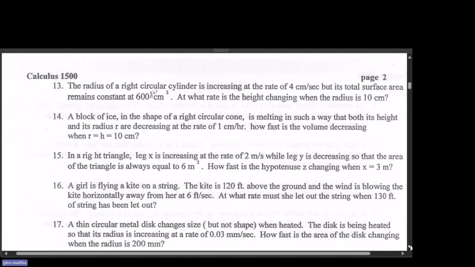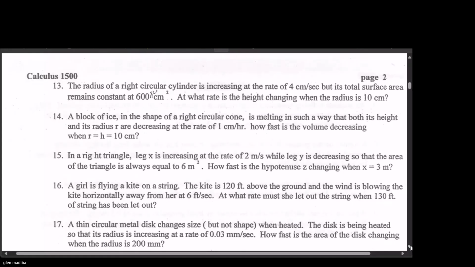All right. Anyone? How do you think this exercise will be approached?